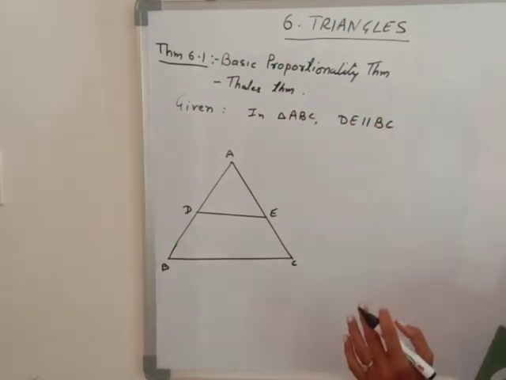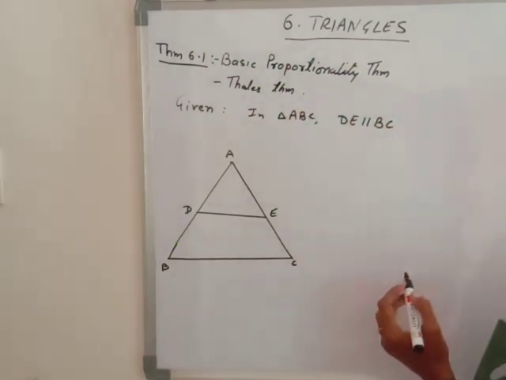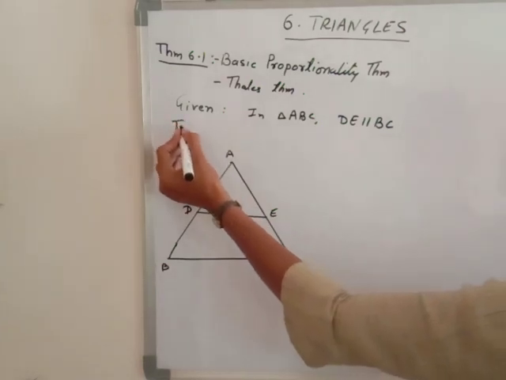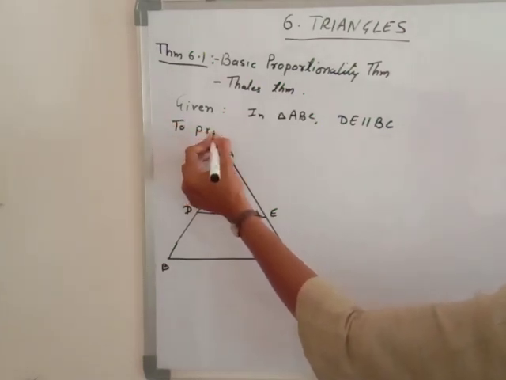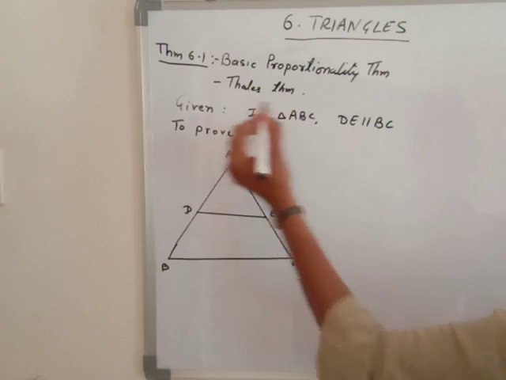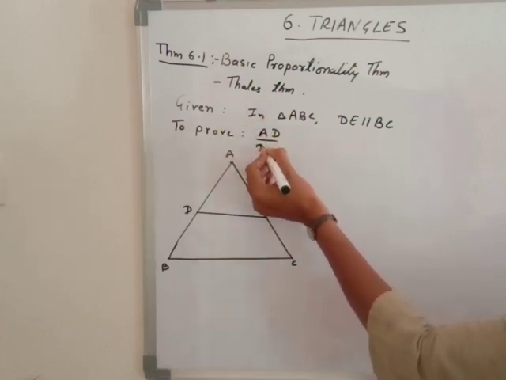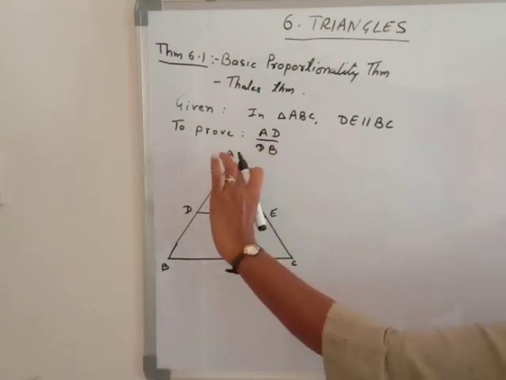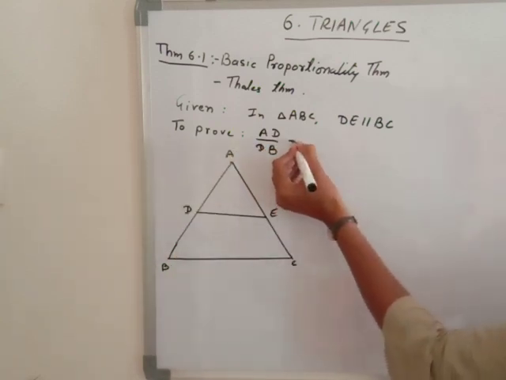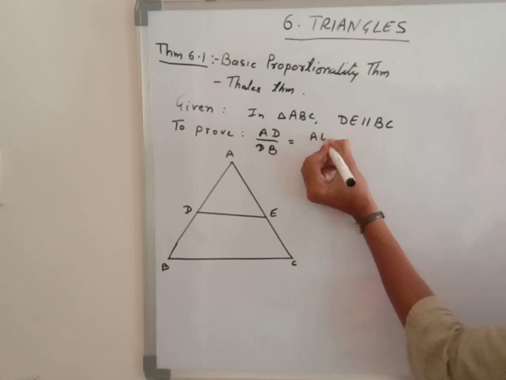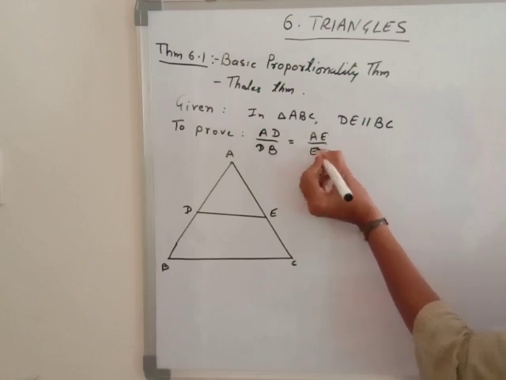This is given. And what you have to prove? You have to prove AD upon DB is equal to AE upon EC.